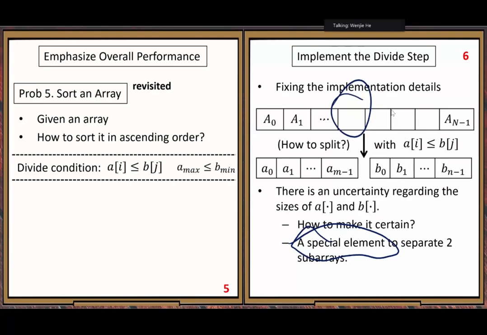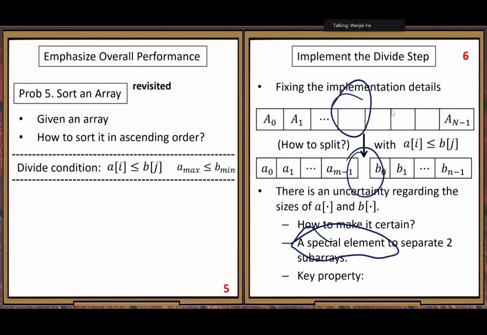And we use this special element as a separator of these two subarrays. This is our design idea. So now the question: how special? What kind of special property do we need for this element?